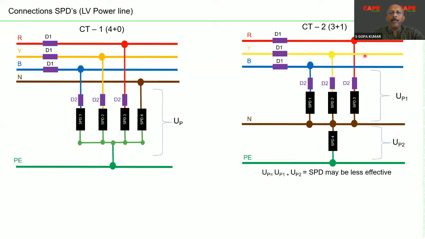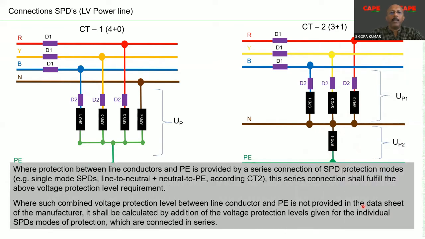So effectively, if you go for connection type 2, you are supposed to add the protection levels of the two different sets. The recommendation given in the standard is: where protection between line conductors and PE is provided by a series connection of SPDs, for example, single mode SPDs line to neutral plus neutral to PE according to connection type 2, this series connection shall fulfill the above voltage protection level requirement.